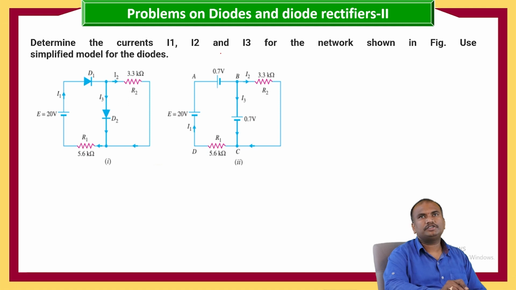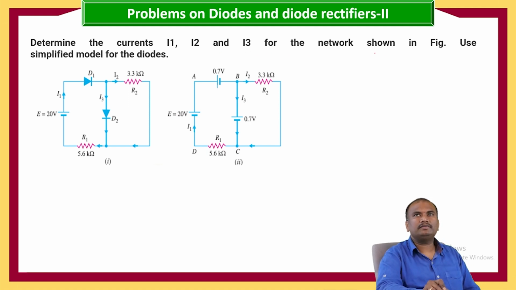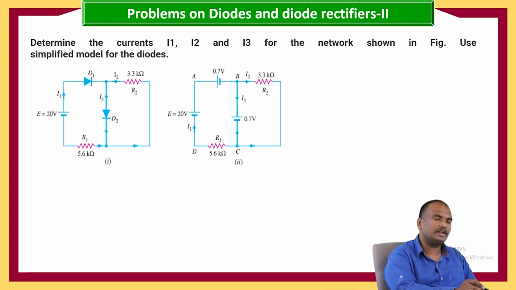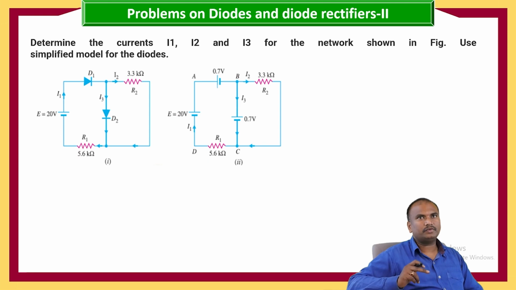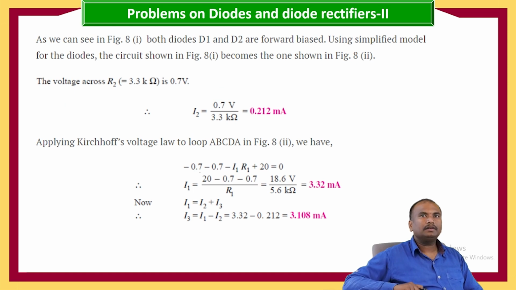Determine the currents I1, I2 and I3 for the network shown in the figure. Use the simplified model for the diodes. Here the diodes are considered as silicon diodes. The diodes are replaced with only 0.7 volts, and there is no diode resistance given. So in order to calculate I1, I2, I3, we have to proceed with the KVLs.